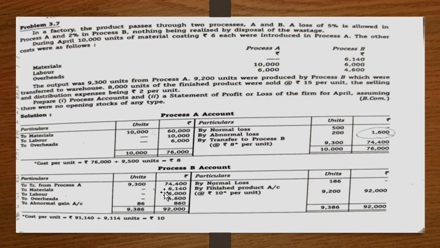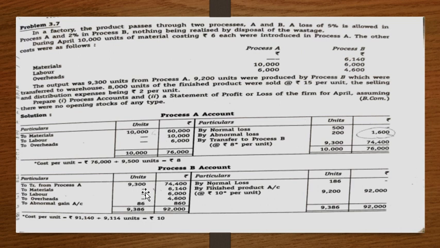The total cost will be 74,400 plus 6,140 plus 6,000 plus 4,600.